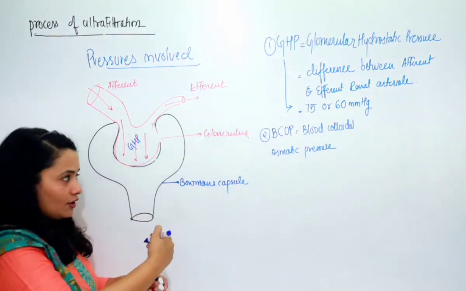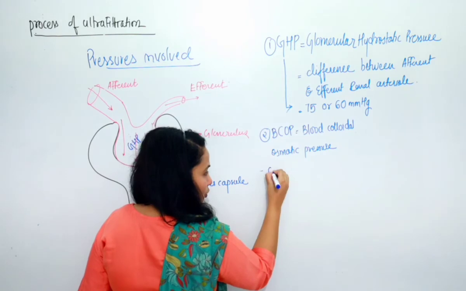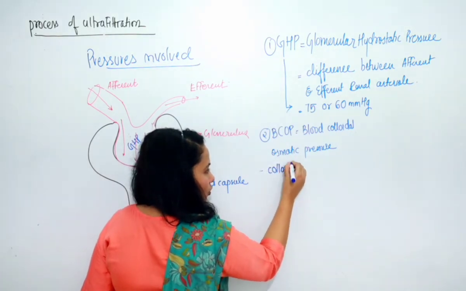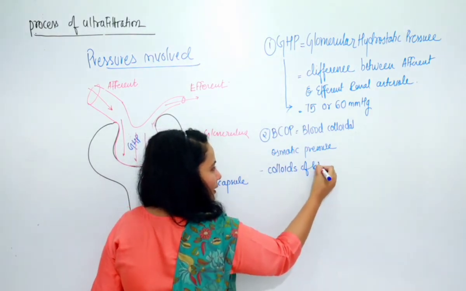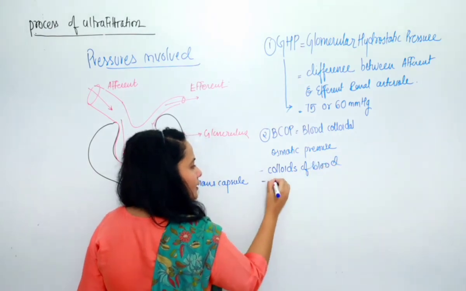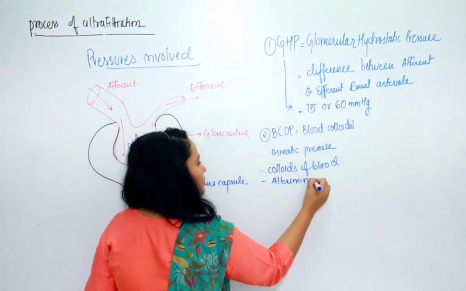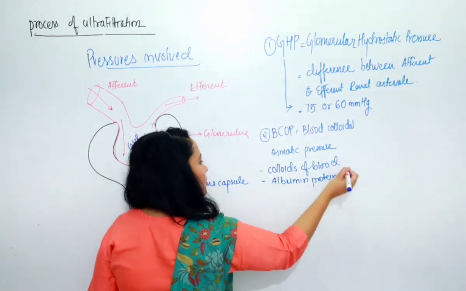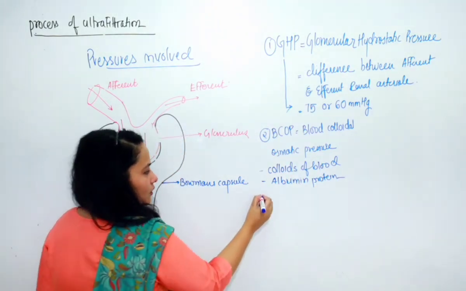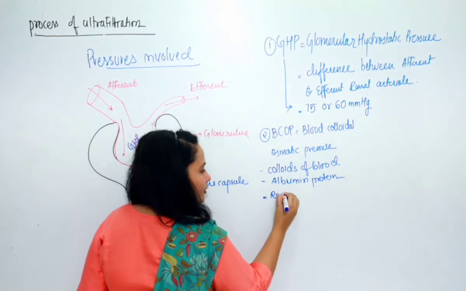So just to put out one more point, that is because of the colloids of the blood, like albumin protein. And what does it do? It resists filtration.